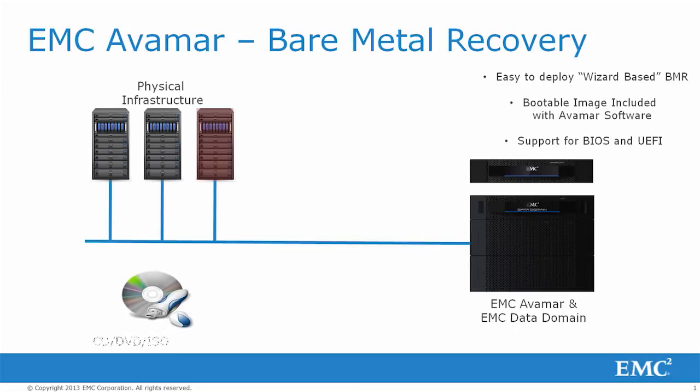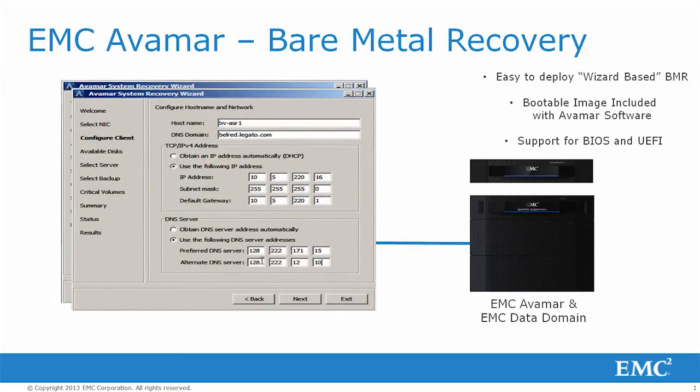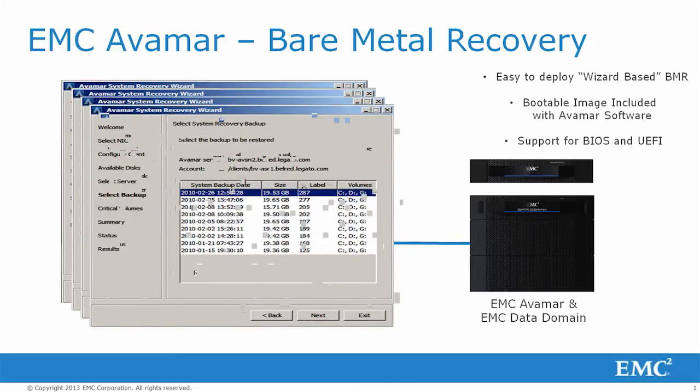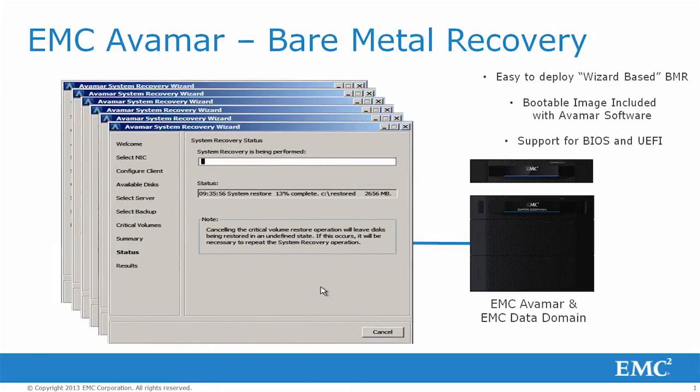Once the boot image from the media loads, Avamar will automatically run its bare metal recovery wizard tool. This utility will walk you through accessing the entire server backup, including boot partitions and records, on a specific Avamar data store or Data Domain system quickly and easily.